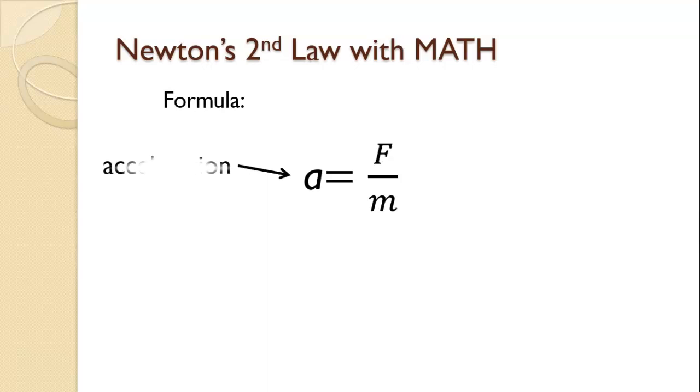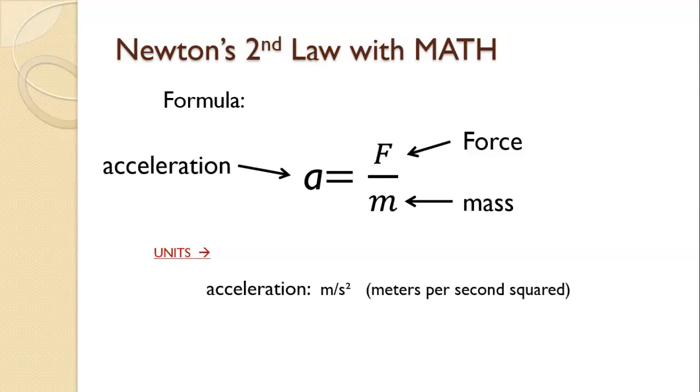So in this particular case, A stands for acceleration, F, of course, stands for force, and M for mass. The units that we use, just as we did when we talked about speed and acceleration: acceleration units are meters per second squared. Force is newtons, capital N, for newtons. And mass is kilograms.